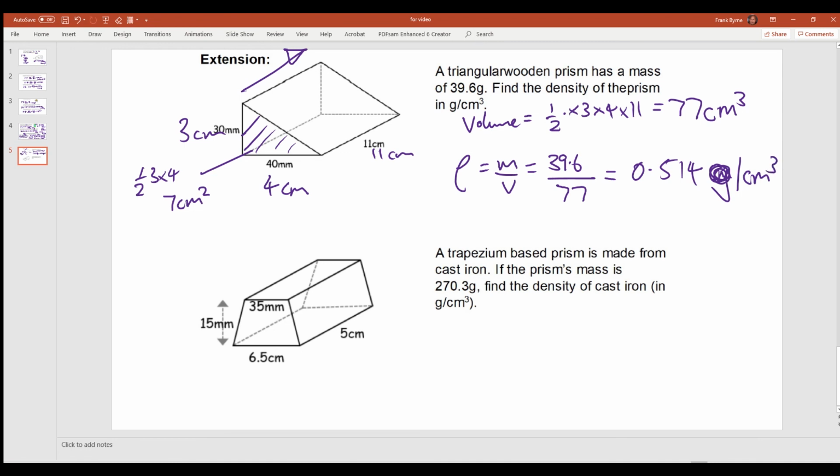Okay, we've got a trapezium here. The trapezium is made from cast iron. Its mass is 270.3 grams. It's 35 millimeters at the top, which is 3.5 centimeters, and 6.5 centimeters at the bottom. If this is a regular trapezium, I presume trapeziums are regular, so that must be 1.5 centimeters.